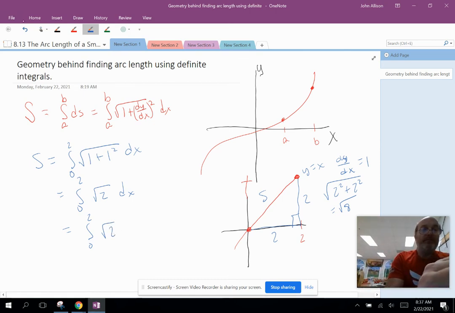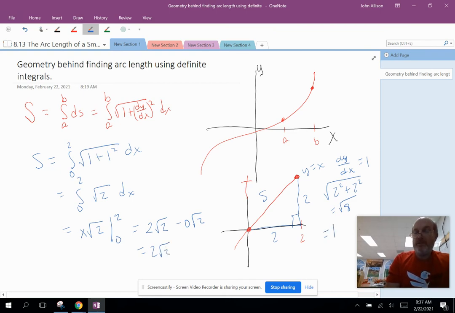This is equal to the square root of 2 times x evaluated from 0 to 2, which is 2 square roots of 2 minus 0 square roots of 2, or just 2 square roots of 2.